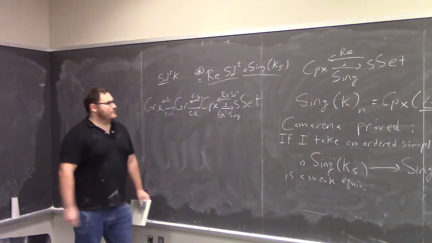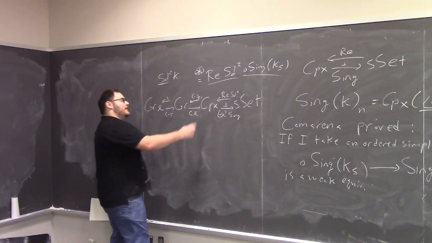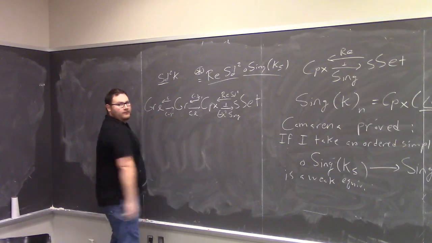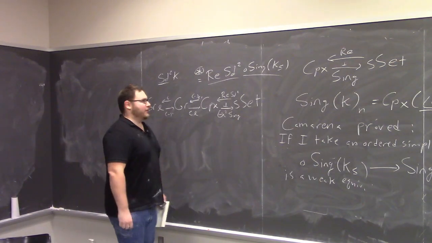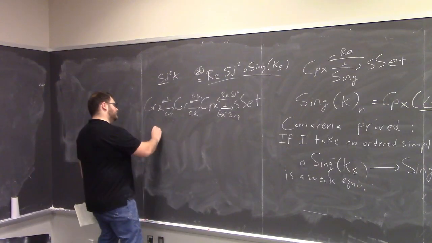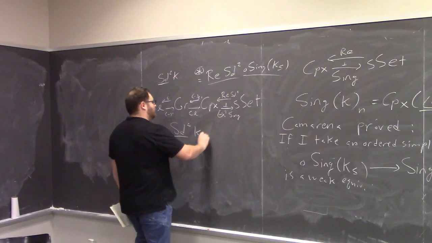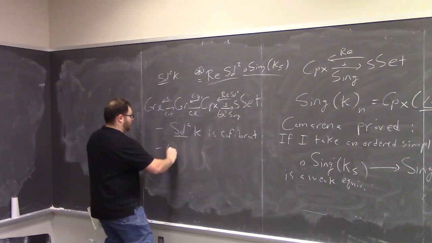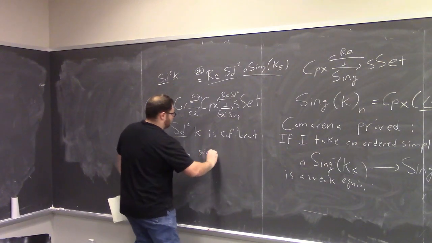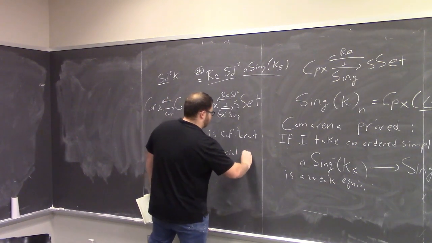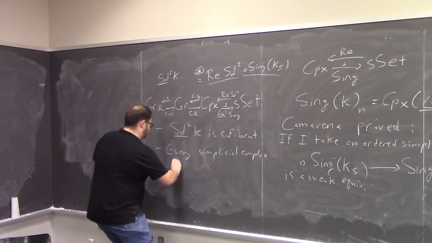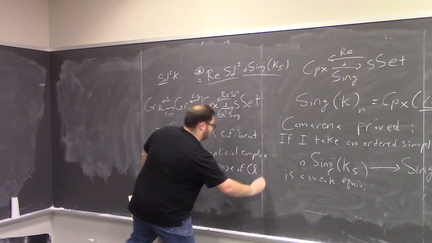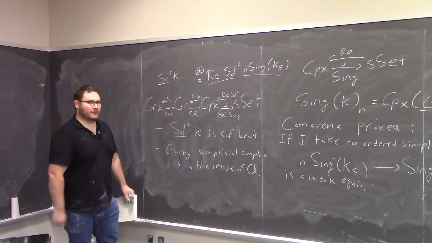Right. And then the last thing I'll say is that I can prove that every complex that's cofibrant is in the image of CL, where CL, remember, is the clique complex functor.